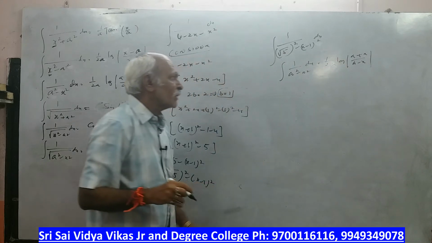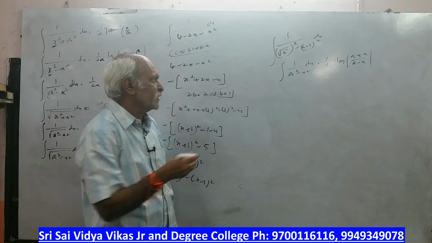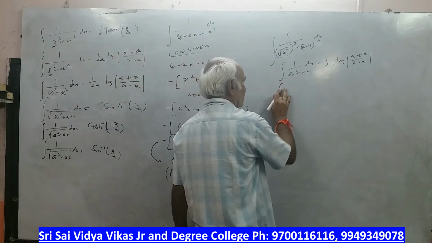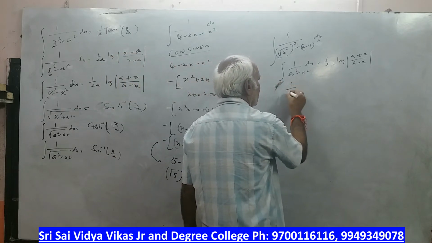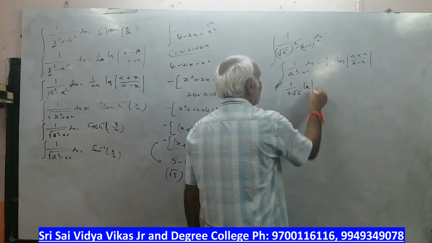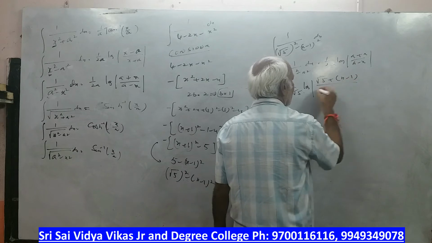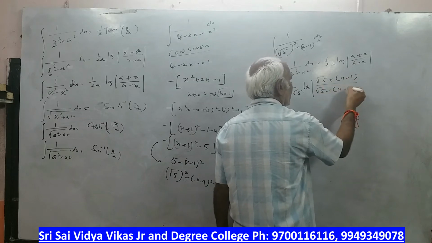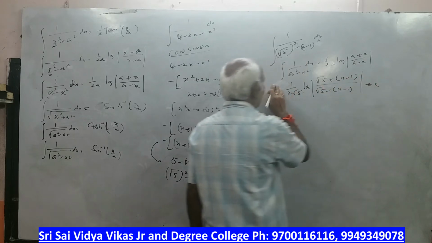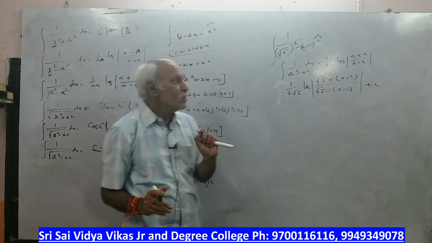What is the formula? 1 by 2a log of (a + x) by (a − x). So the integration is 1 by 2√5 log of (√5 + x + 1) by (√5 − x − 1) plus c. You don't need to open the bracket, sir, you can leave it. But what is important here?